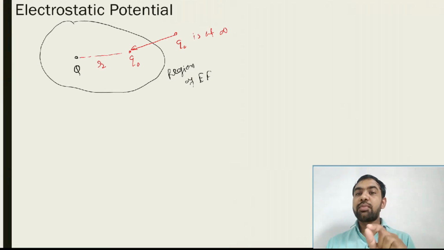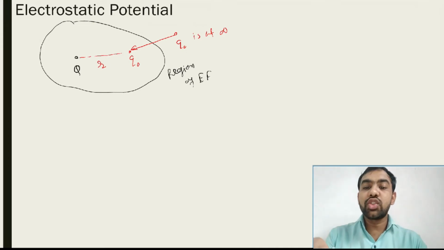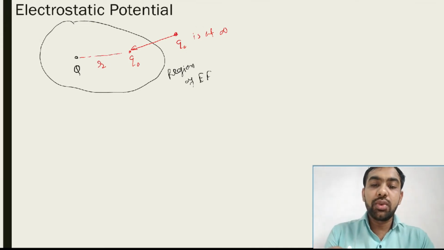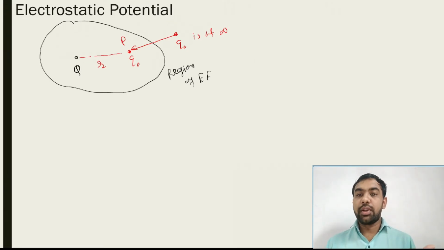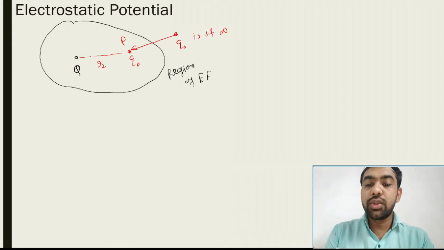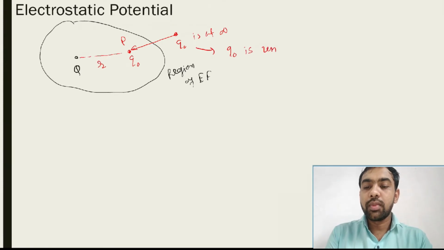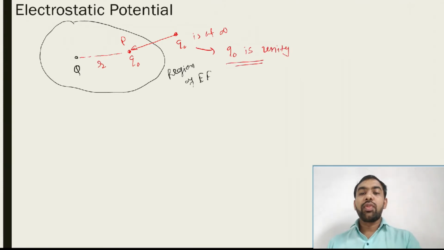Moving this charge from one point to another means bringing a charge from infinity to that point P, against the electric field. If q naught is unity, then whatever work done is required, that's called a potential.